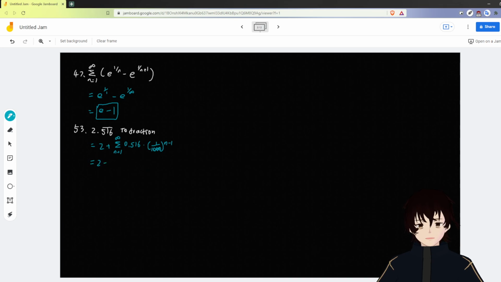It is equal to 2 plus 0.516 over 1 minus 1 over 1,000. Oh my god. Well, now we need to get this as a fraction. 0.516 divided by 999 times 1,000.